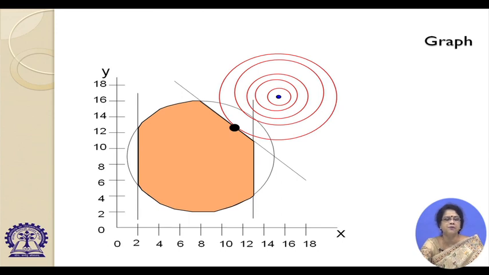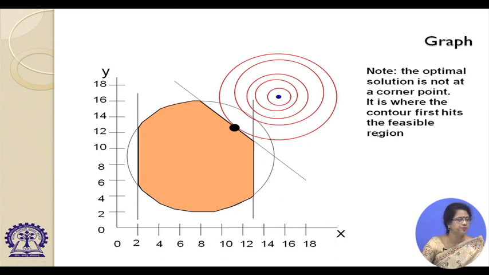Then if I want to find the minimization of the objective function, where will I get it? Once it reaches this point, we can get the optimal solution, because the objective function can go further and further, and at the minimum point I will get this one. That is why we can declare that is the minimum optimal solution for this objective function.